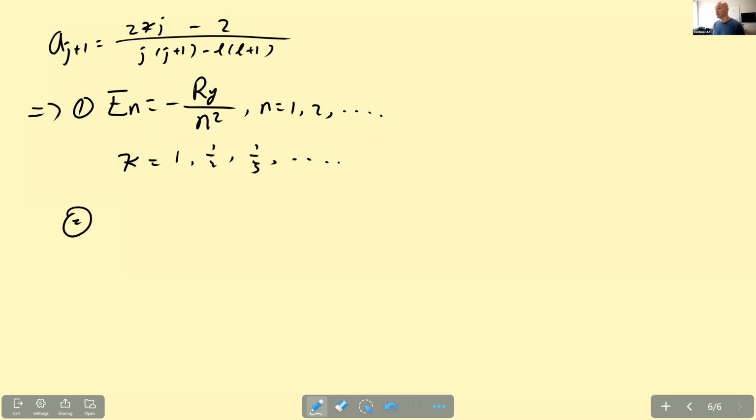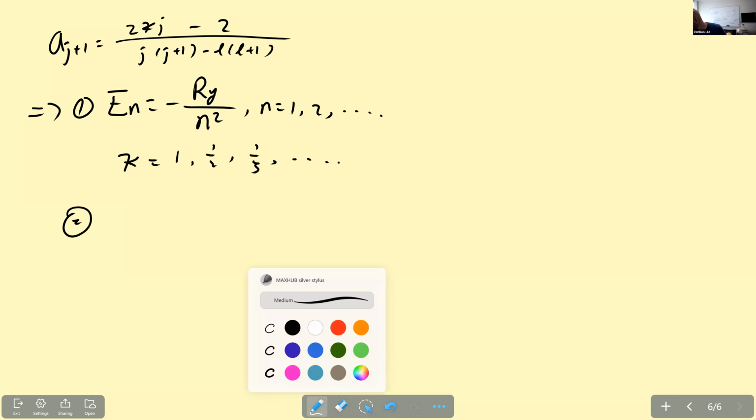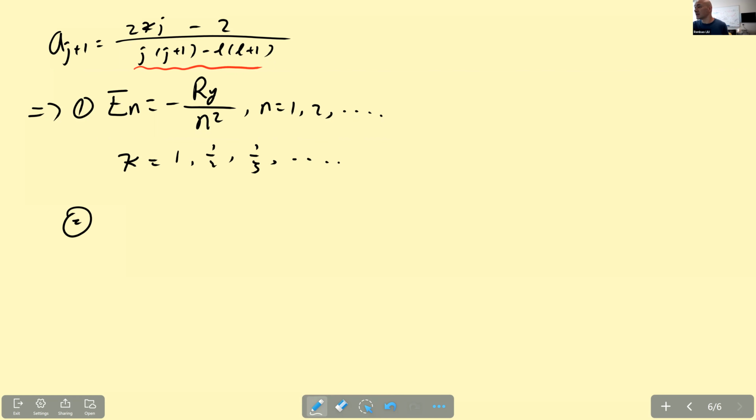Secondly, you can see that if you look at this term, it should not equal 0, otherwise you're going to have a divergence. So this J should take values that are large enough. All the terms below a certain term should be 0.